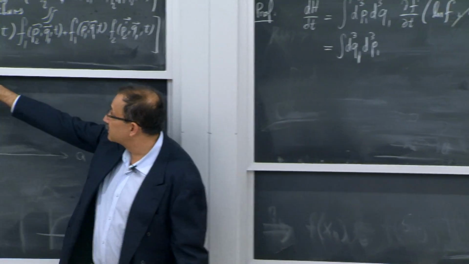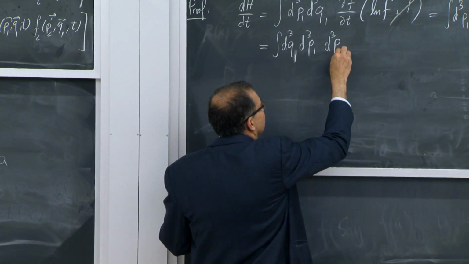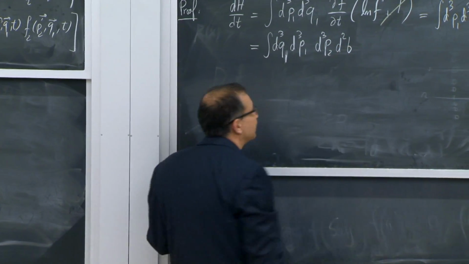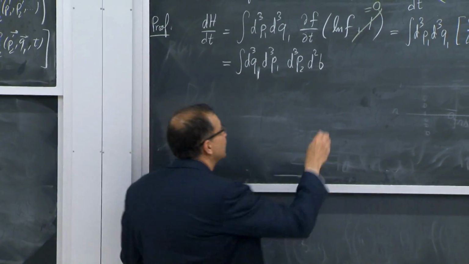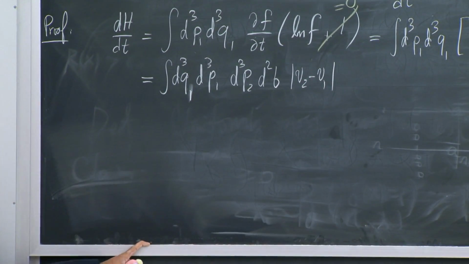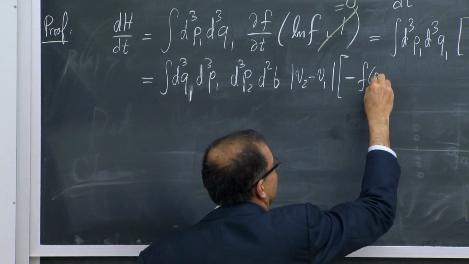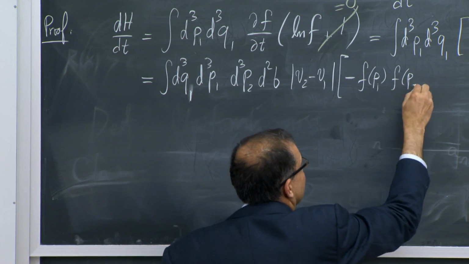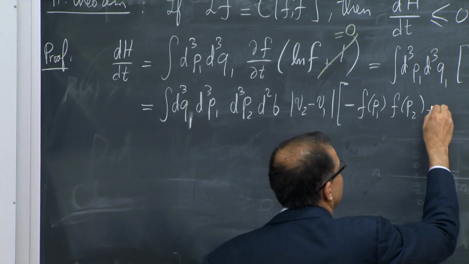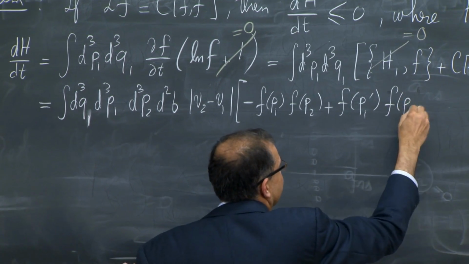Now, the collision term is a bunch of integrals itself. It involves integrals over p2, an integral over an impact vector b, the relative velocity, and then I had minus f of p1, f of p2 for the loss in the channel because of the collisions, plus the addition to the channel from the inverse collisions.